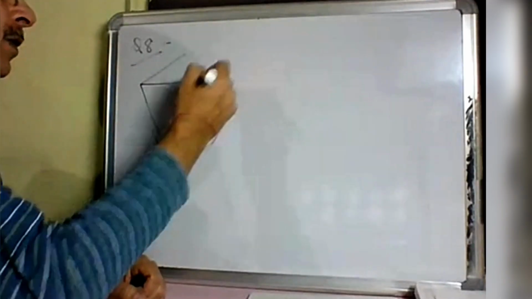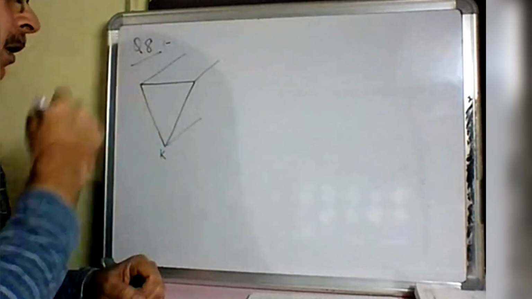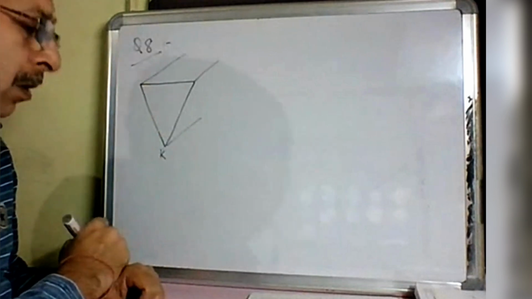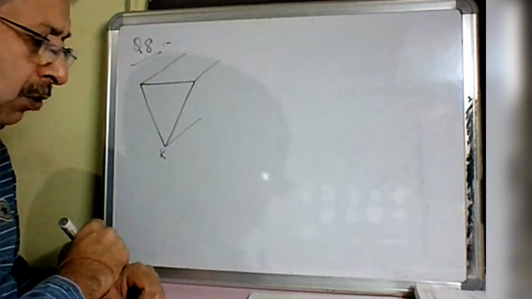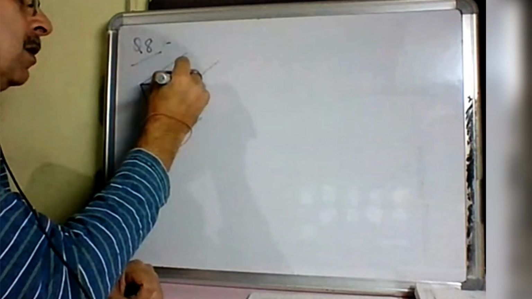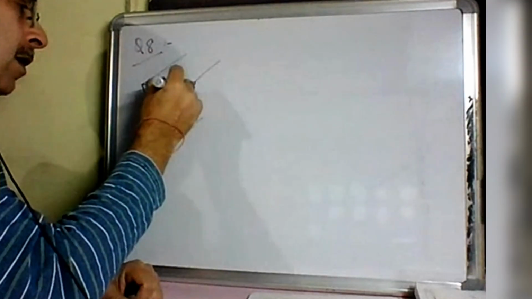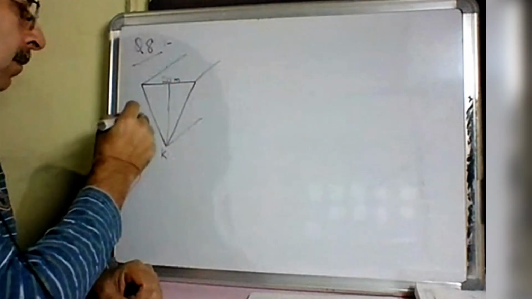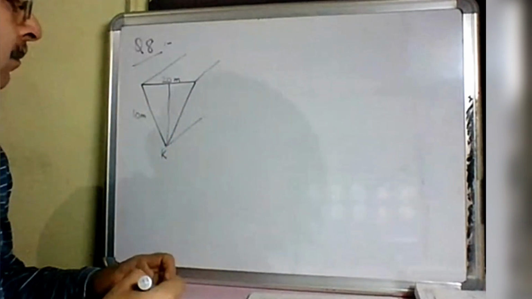This is a triangular prism. This is the keel. It is 20 meters broad and 10 meters deep.